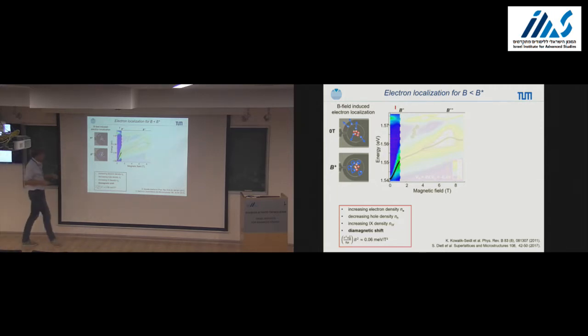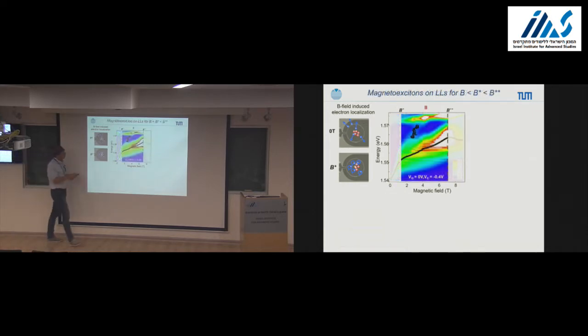Because once you have these electrons in here, you have dipoles again in there. And as we learned before, the more dipoles you have, the blue shift goes up. One can estimate that the exciton density increases by a factor of 2 roughly, already at 1 Tesla.